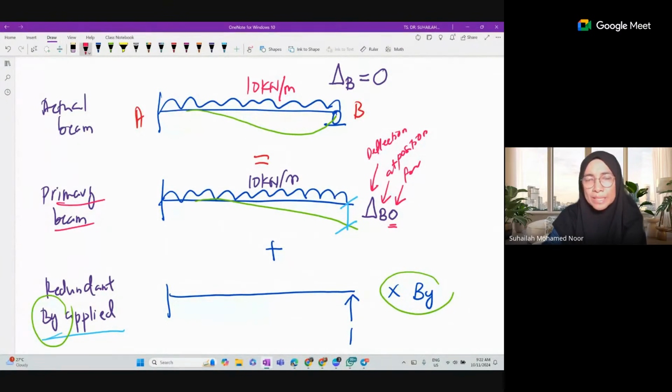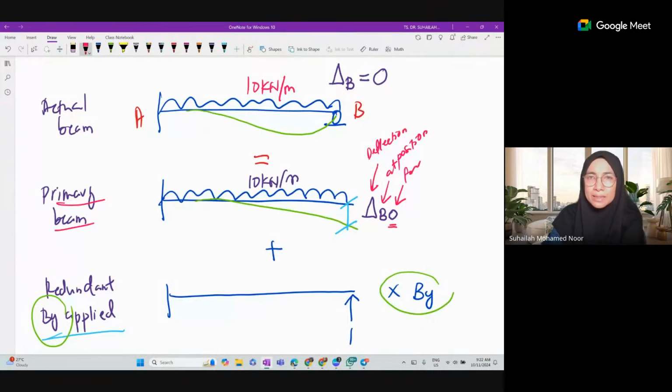Naught is always the symbol for the primary structure. So delta B naught belongs to the primary system, as do delta A naught, delta C naught, delta D naught. Naught is the label for the primary system. Even if it is theta, rotation: theta A naught, theta B naught, theta C naught. Naught is the symbol for the primary system.